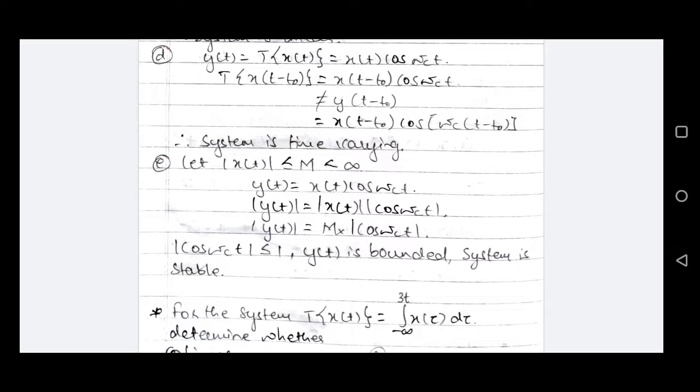Modulus value of y of t equals modulus value of x of t multiplied by modulus value of cos omega c into t. We already considered the input is bounded. So the modulus value of cos omega c into t will always be less than or equal to 1 when it is multiplied with the bounded value of the input. Output y of t will always be bounded. Therefore, the system is a stable system.